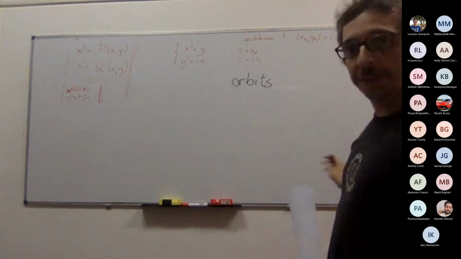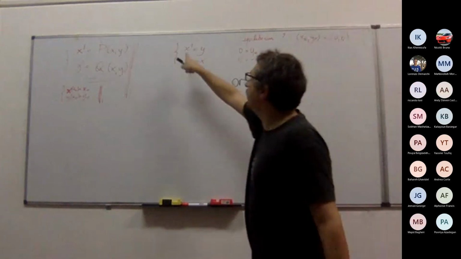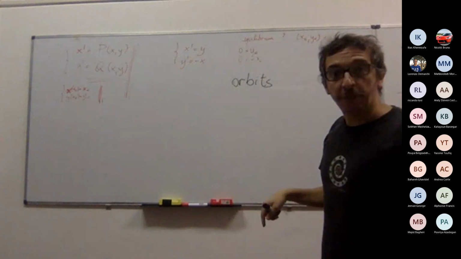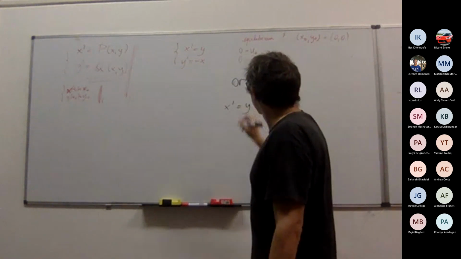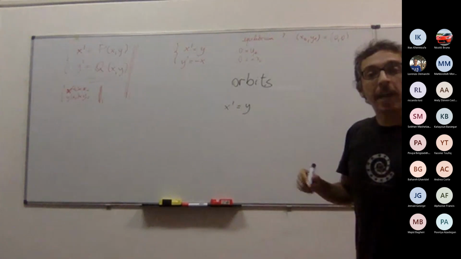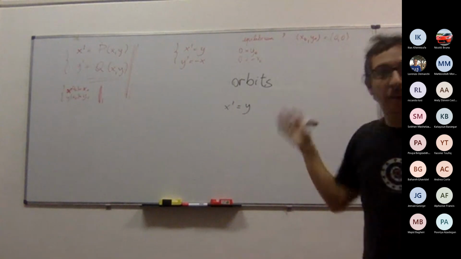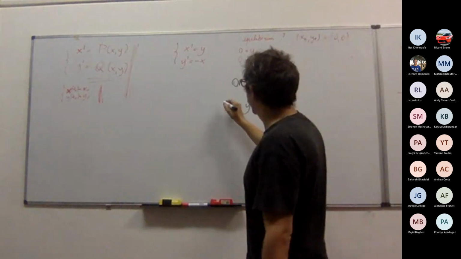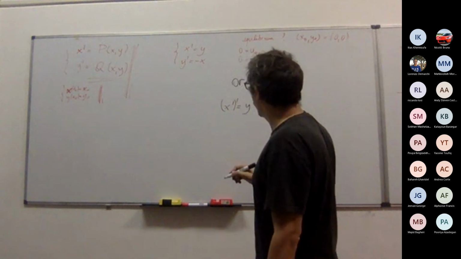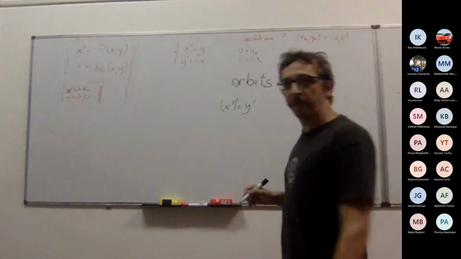I will start with one of the two tricks. For example, I'm starting from the first equation, x prime equal to y, and then I'm differentiating both sides of the equation, left hand side and right hand side. So what I have here is x double prime equal to y prime.